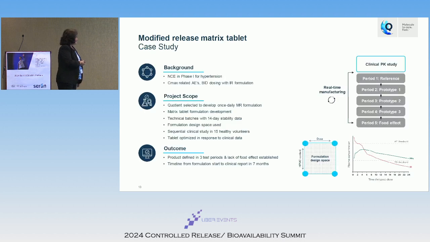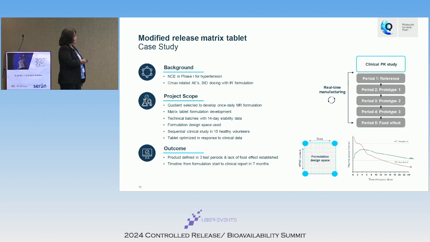So this is a real case study where the compound was being dosed twice a day. They wanted to eliminate the side effects due to Cmax. And we did exactly what I described in the previous 2 slides. We generated data for 14 days on the corner points and in the middle of this design space. A matrix type approach was used. The Cmax of the IR product is shown in the red, and then the optimization was carried out using the clinical design where we thought we might need 5 periods.